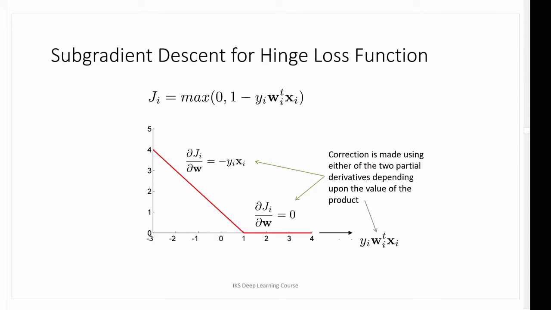So essentially the updating of the weight vector is made using either of the two partial derivatives, depending upon the value of the product yi wi transpose xi, which will tell you where you are sitting on this hinge loss function. So that's how this is done in practice.